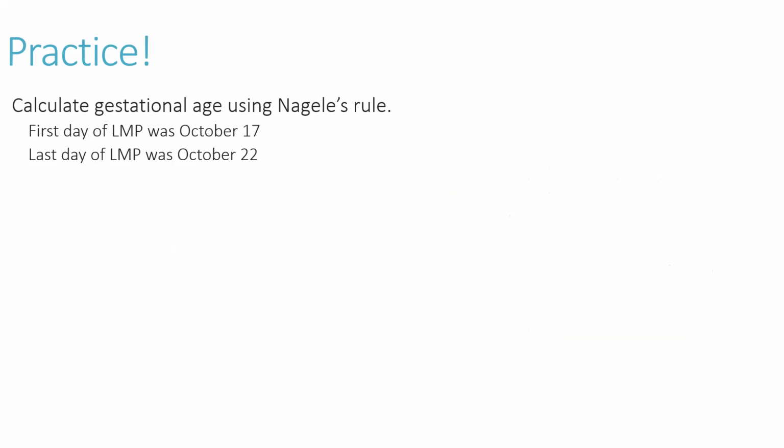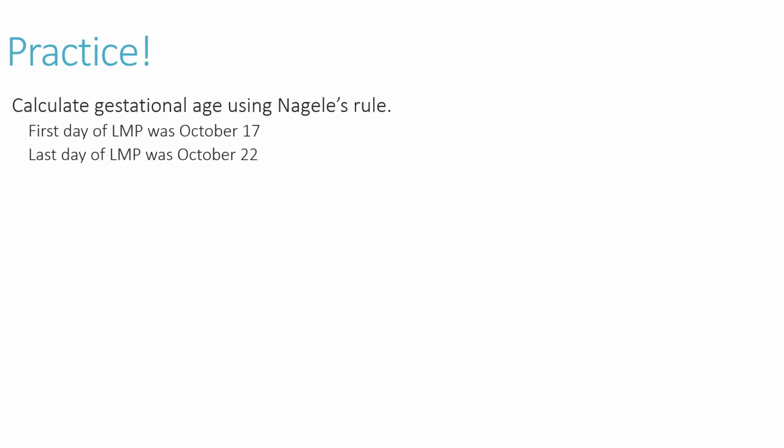So we're gonna go ahead and do another really quick practice here. Remember those numbers I told you: you're going to add 7 days, subtract 3 months. So what would this be? I'm just going to walk you guys through it.